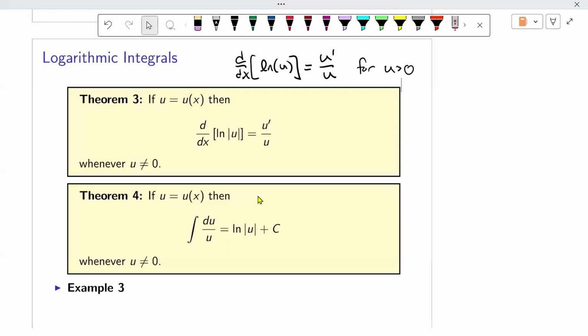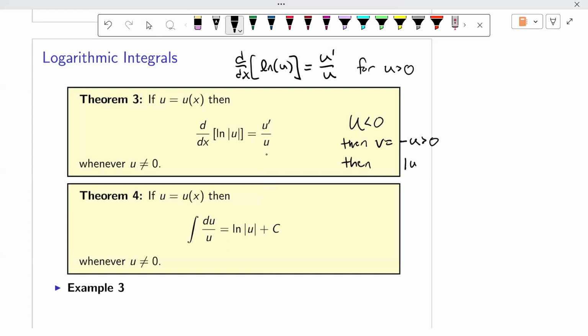But the basic idea is that if u is taking on negative values, you're imagining u is some sort of function, then if u is less than 0, v equal to negative u is bigger than 0.